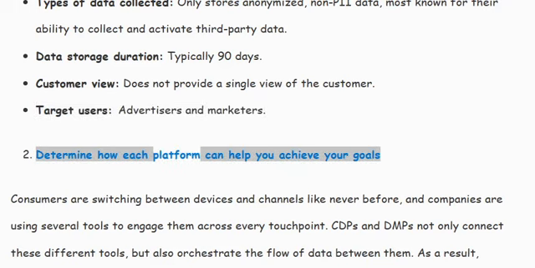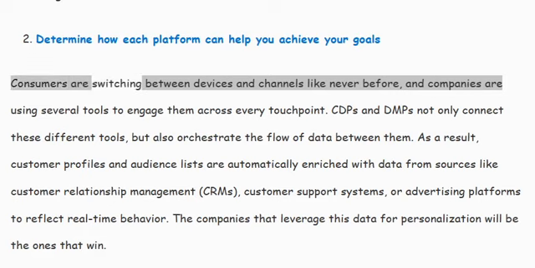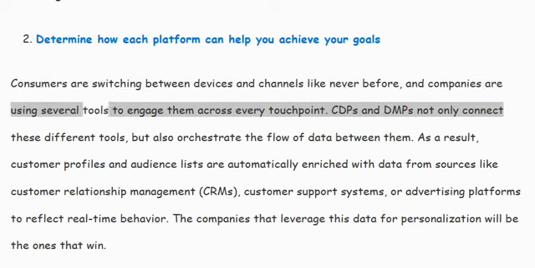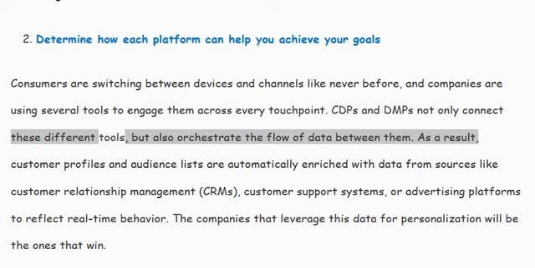2. Determine how each platform can help you achieve your goals. Consumers are switching between devices and channels like never before, and companies are using several tools to engage them across every touchpoint. CDPs and DMPs not only connect these different tools, but also orchestrate the flow of data between them.